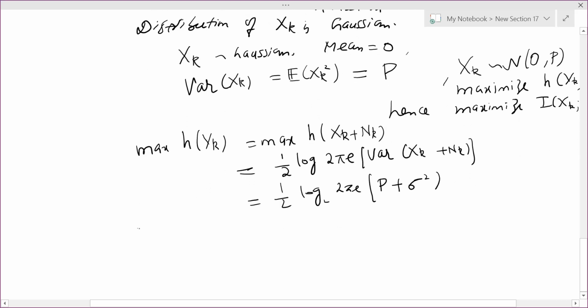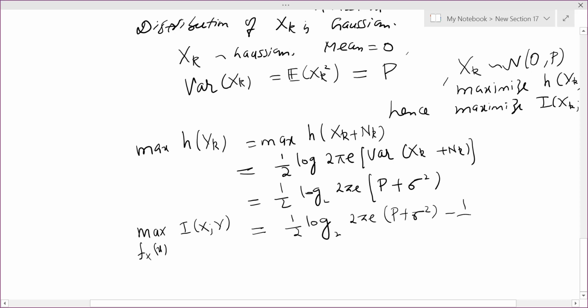So the maximum value of mutual information with respect to input distributions is half log to the base 2 pi e (p plus sigma square) minus half log to the base 2 pi e sigma square, which is half log to the base 2 of 1 plus p by sigma square.